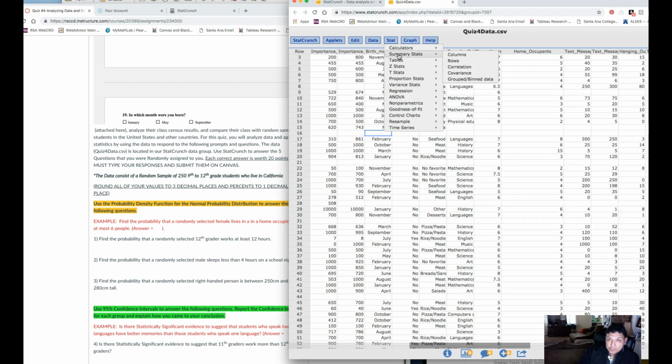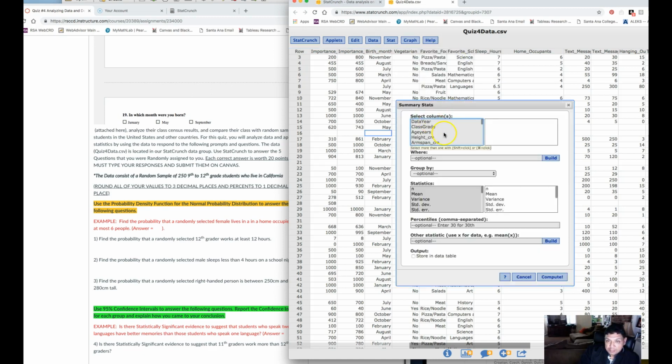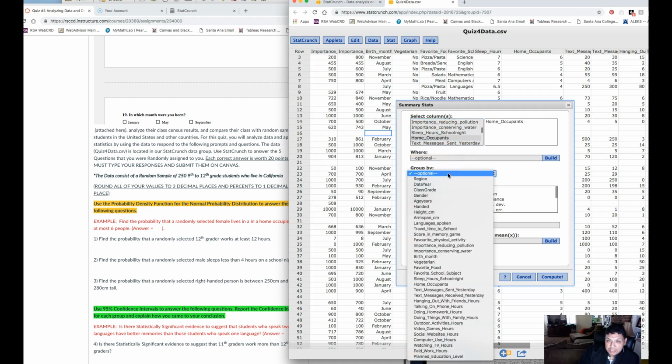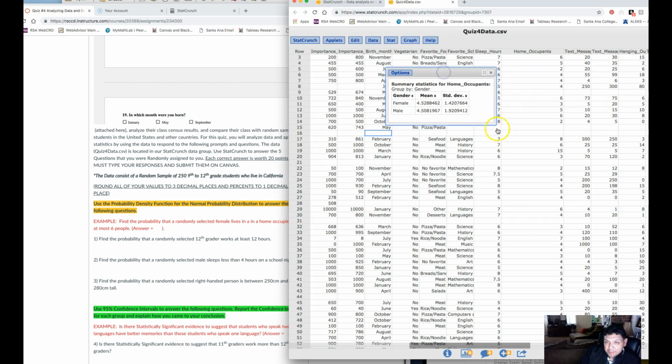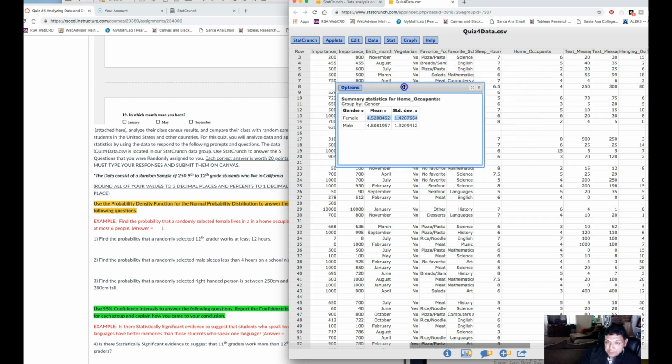So summary stats, on the variable home occupants. And here's the important part: you want to group this data by gender. That's the key right there. I just need the mean and standard deviation, those are the 2 important values, and compute that. Notice you get the data for females and males, but I'm only interested in females, so then I can answer the question.